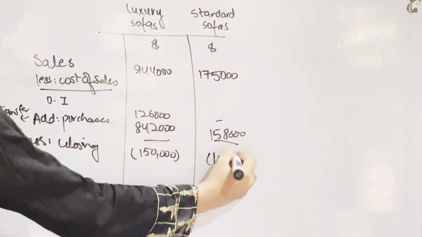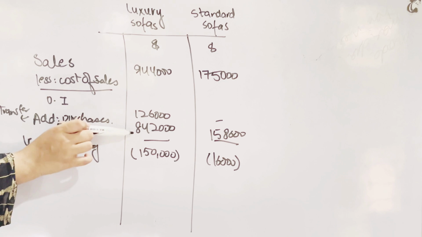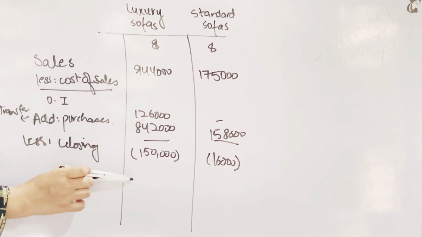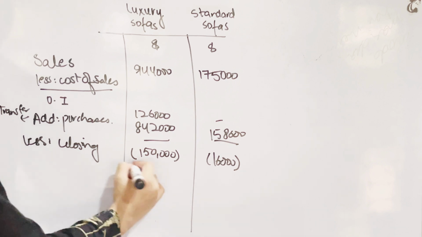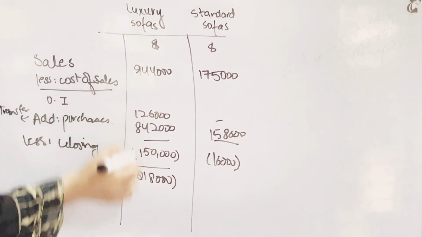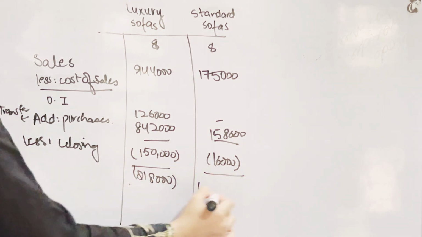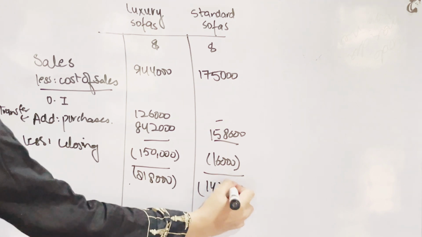So all the information has been stated. You're just going to incorporate them. For this we need 842,000. This was required and important, and these were to be recorded at the transfer price. Hence, the cost of luxury sofas will be 818,000. So this is basically the cost of sales value, and this is going to be the cost of sales value as 142,600.